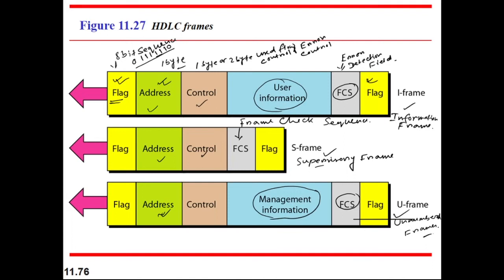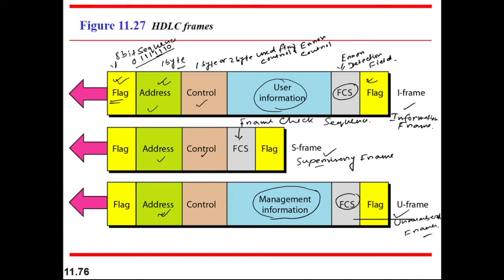In the S frame, the supervisory frame, we only have flag, address, control, FCS and flag. These values are there only in the supervisory frame. In the U frame we have an extra field, the management information.